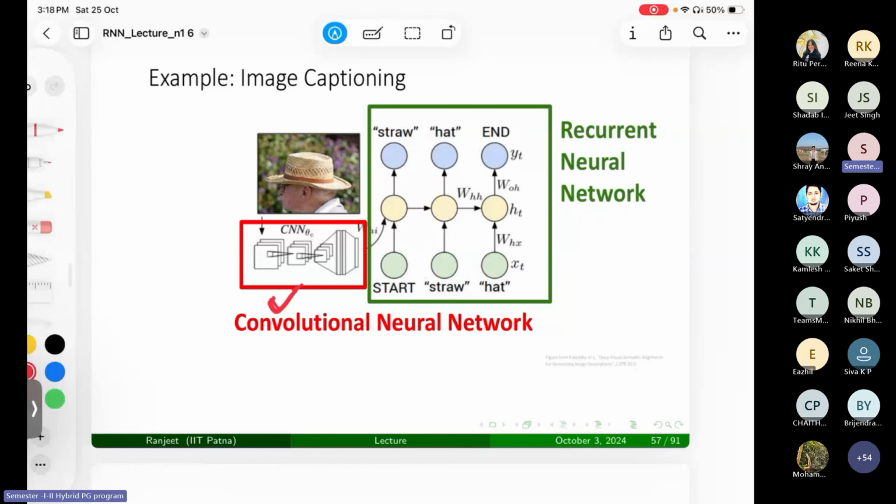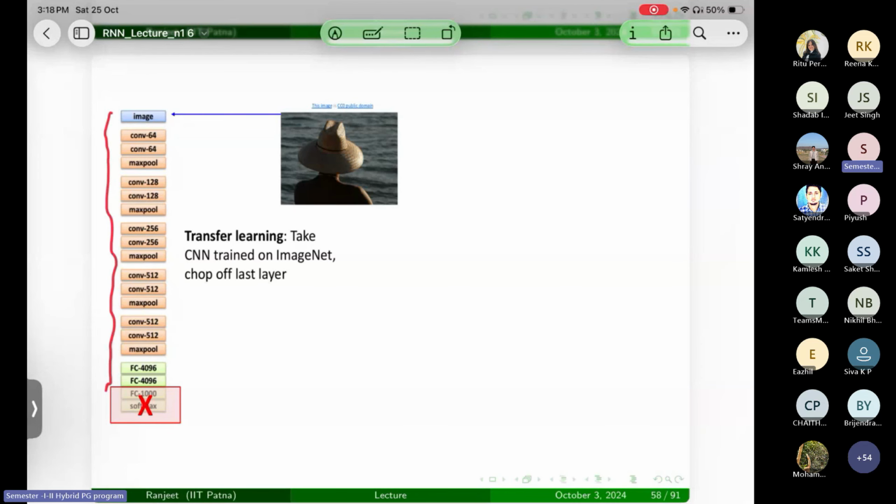So what we generally do is, this is the CNN model, and this model has been trained on the ImageNet dataset. Now we just chop off the last layer, just remove the last few layers, like only the last layer, because the last layer is doing the classification, but we are not interested in the classification here. In this case, our job is to describe this image.